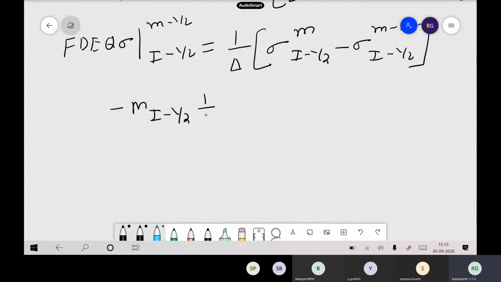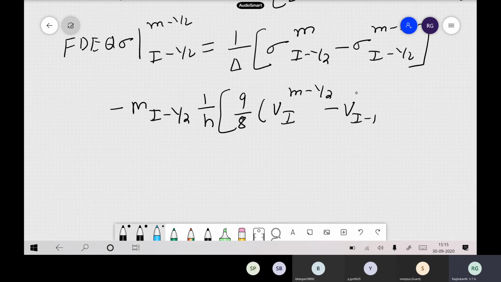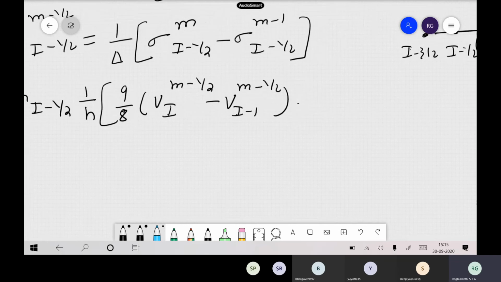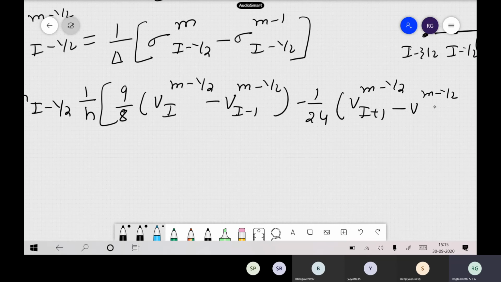So 9 by 8 of v I m minus half minus v I minus 1 m minus half, minus 1 by 24 of v I plus 1 m minus half minus v I minus 2 m minus half. This is how we write our central difference with the higher order terms.